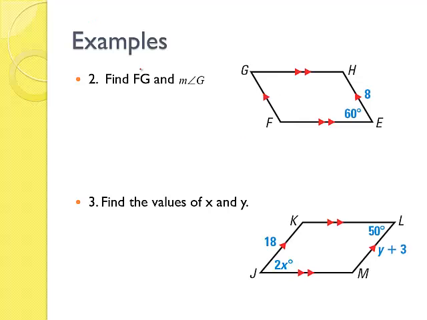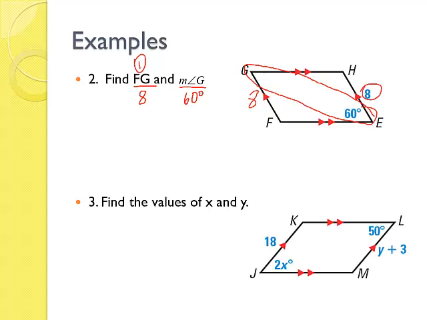We're trying to find FG's length and the measure of angle G. FG is opposite HE, and HE is 8, so FG has to be 8 as well, because it's the opposite side. Angle E is 60, and opposite angles are congruent, so angle G is 60 degrees.